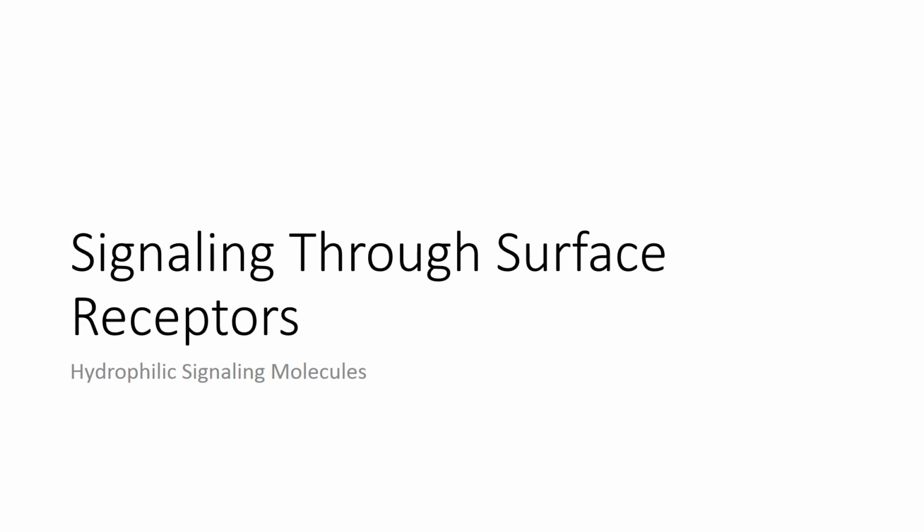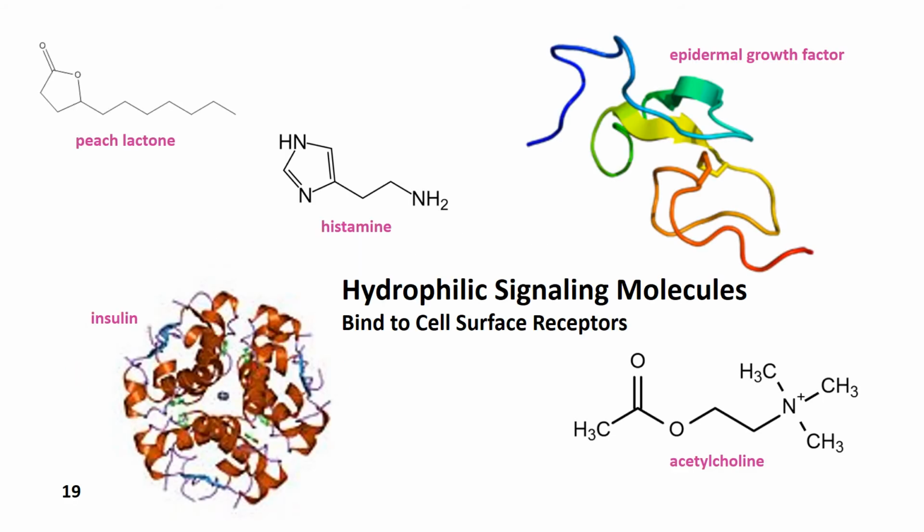Signaling through cell surface receptors induces a cascade of effects inside of the cell. Let's look at those. Here are some examples of the hydrophilic signaling molecules that will bind to cell surface receptors. They can be small polar molecules like histamine, an example of peach lactone, the smell that peaches have.